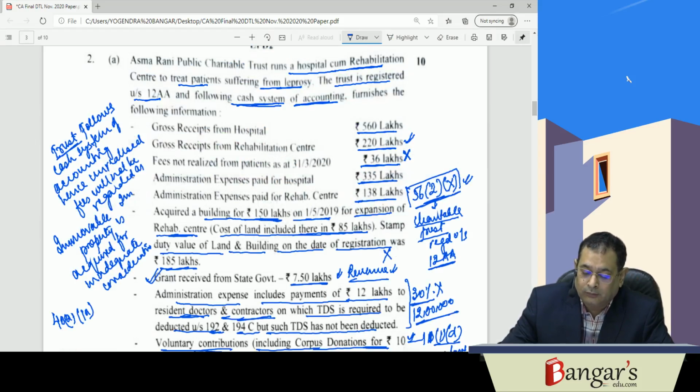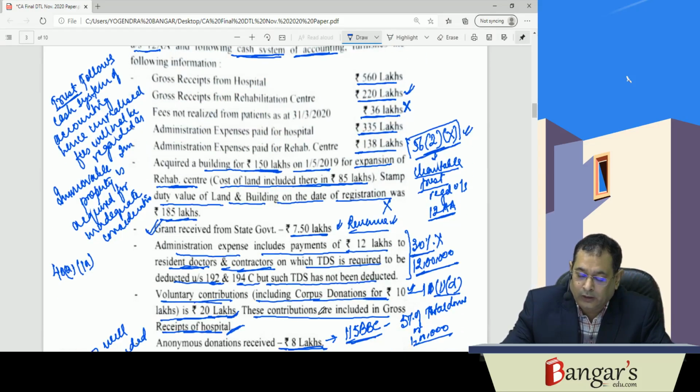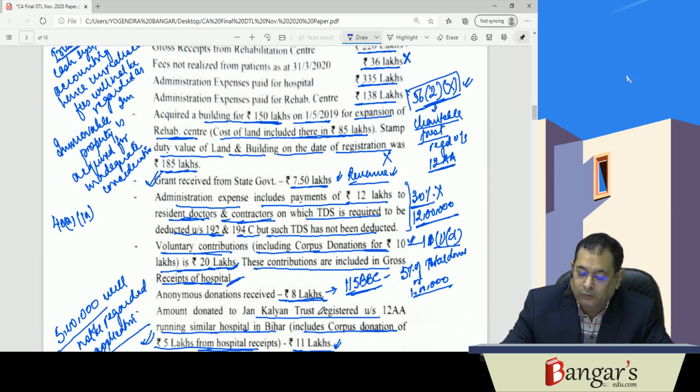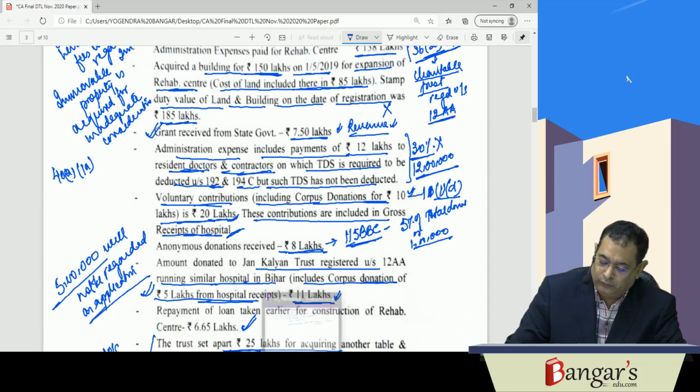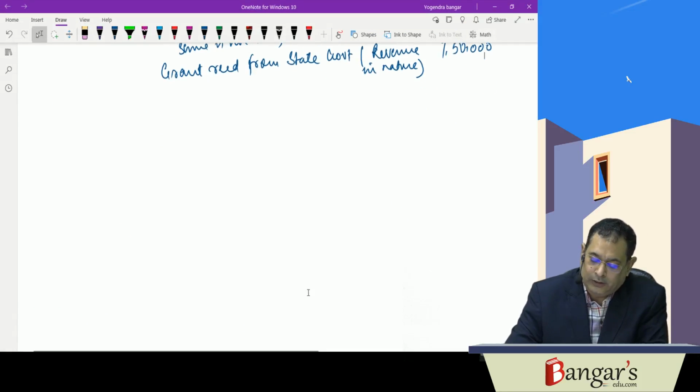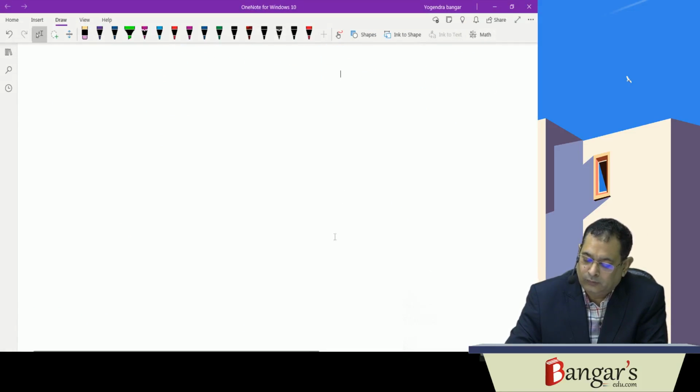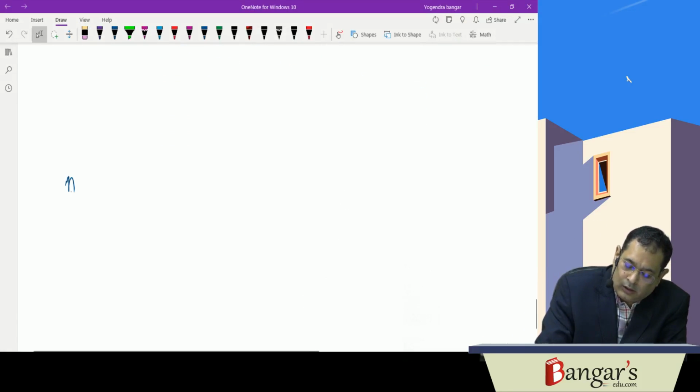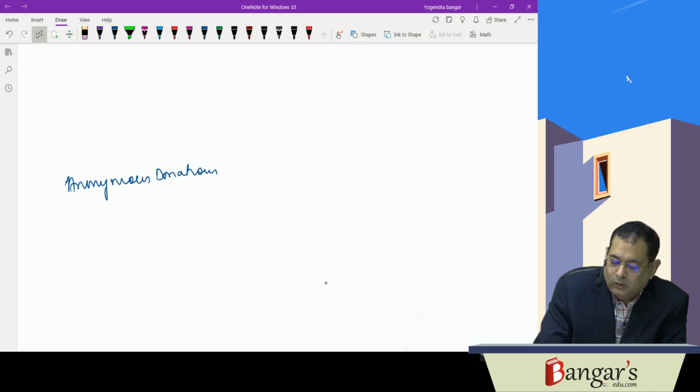Then we have other receipts. Voluntary contributions we already dealt with. Anonymous donations received. Now look at the taxability of anonymous donations. Anonymous donations, 8 lakhs.